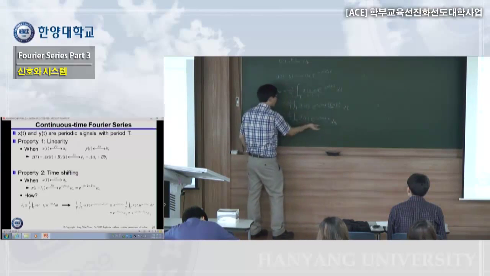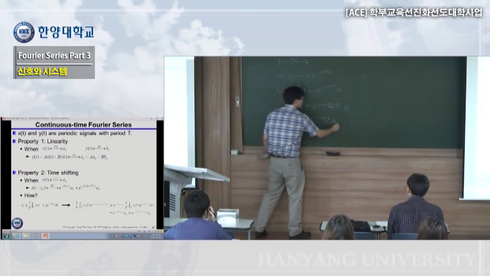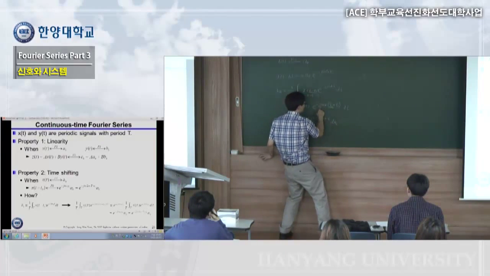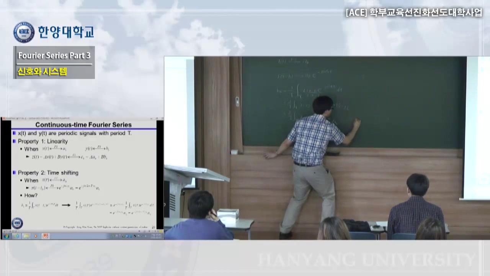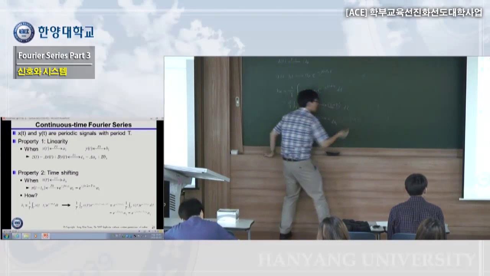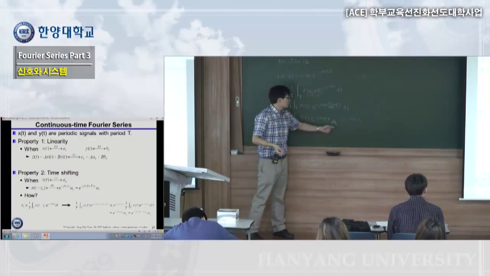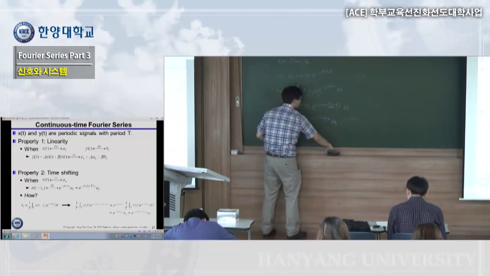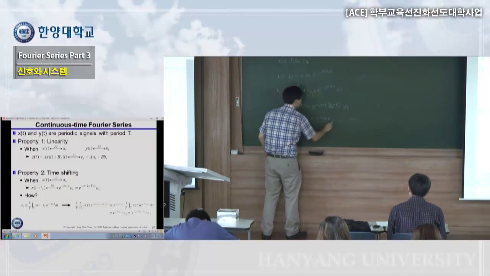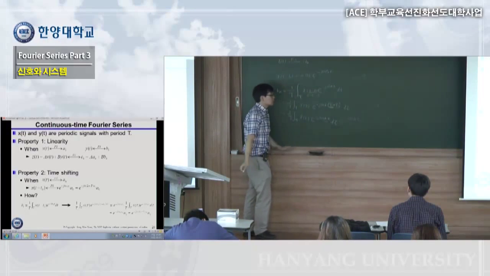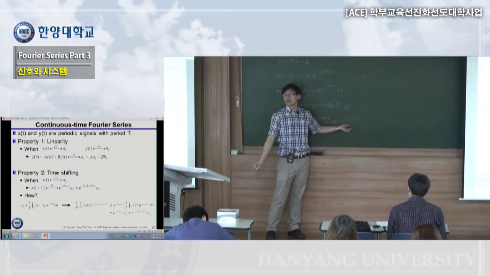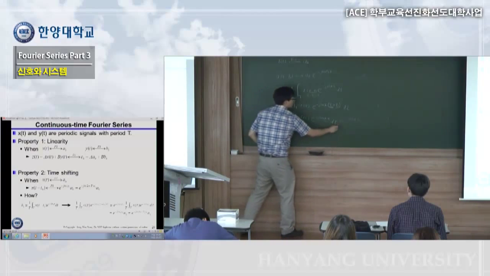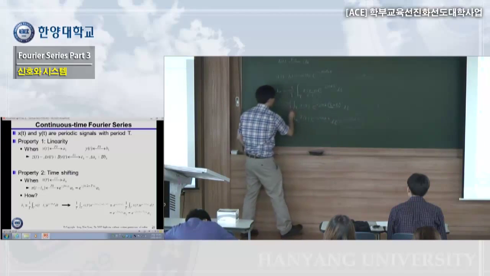We can take this one to the outside because this one is actually e to the minus j omega 0 k t0. This one doesn't have any relationship with tau, so we can take it outside.